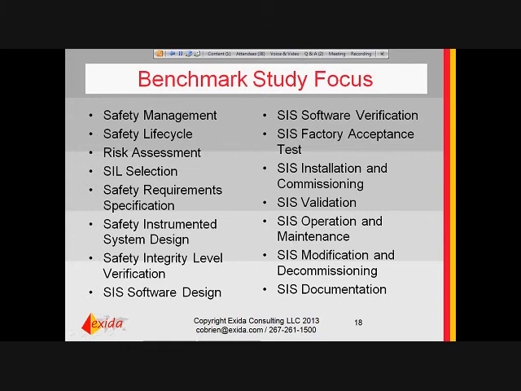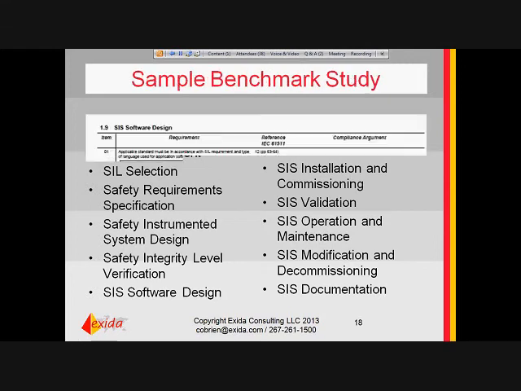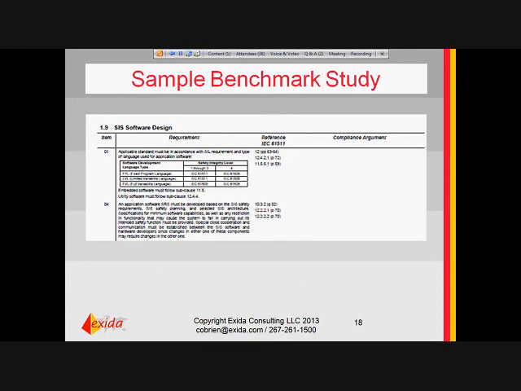So there are some very specific areas that are called out in the standard that need to be reviewed and documented. We have a benchmark survey, a benchmark study, where we go through in detail the requirements of the standard, review what's required, and make the argument how it's met, or if it's not met, identify the gap and propose recommendations to close that.